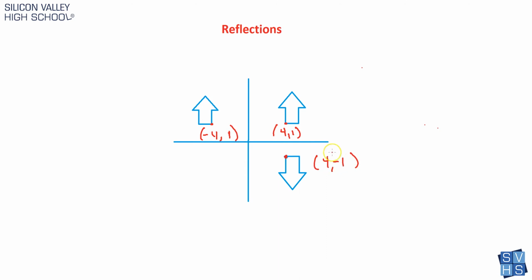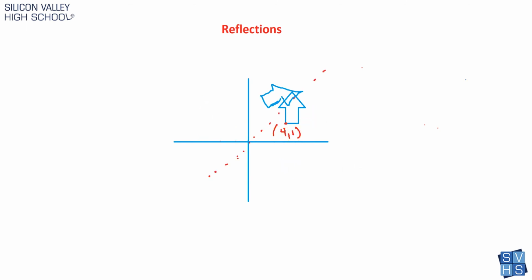Now, what's much harder to draw, and I'll attempt it, is that essentially now we're going to reflect this across the y equals x line, and it's harder to sketch. But what's interesting is the pattern is very cool and predictable. So it might look something like this. Okay, we agreed you weren't going to make fun of me, right? But the pattern here, if I were to flip this across this y equals x line, is super interesting.